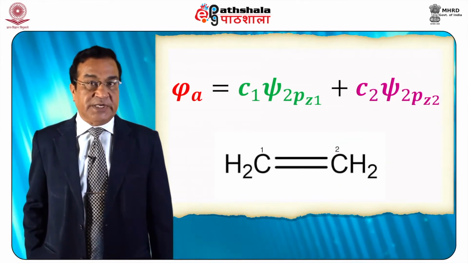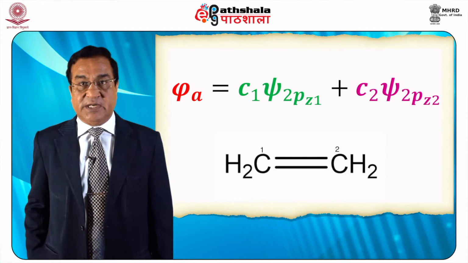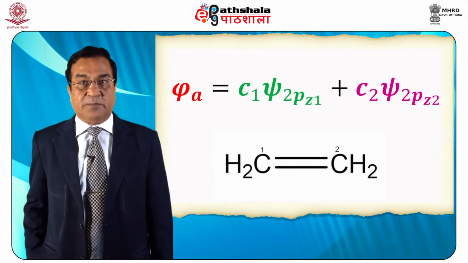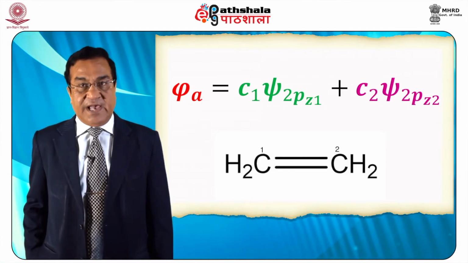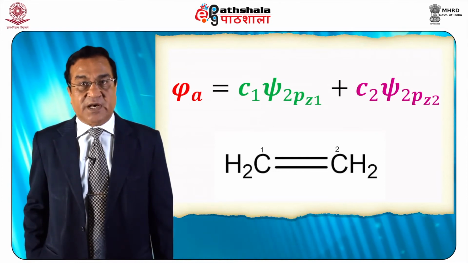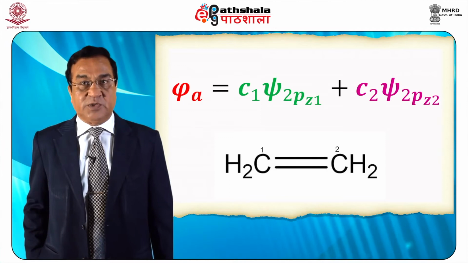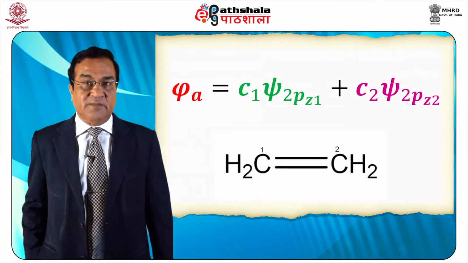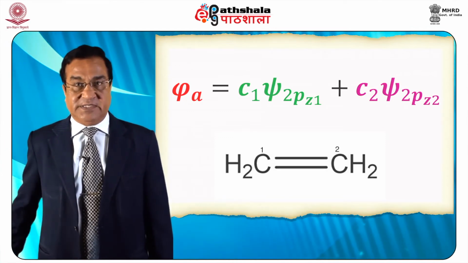As I have already mentioned earlier, we are assuming the molecule to be in the xy plane, and therefore these pi orbitals are in a plane perpendicular to the xy plane, that means along the z axis.